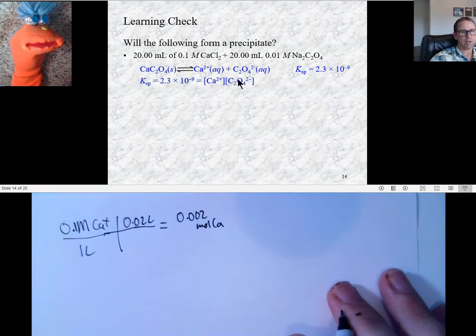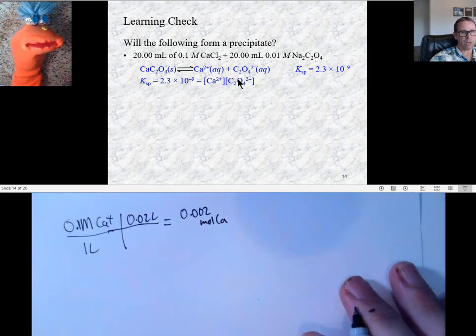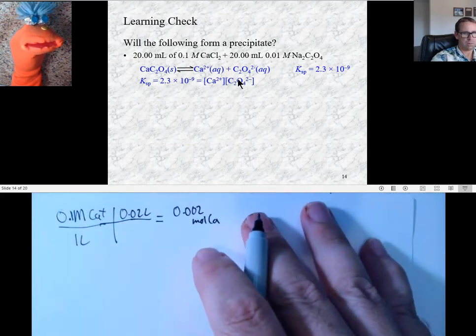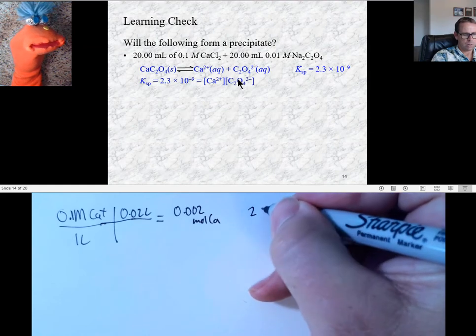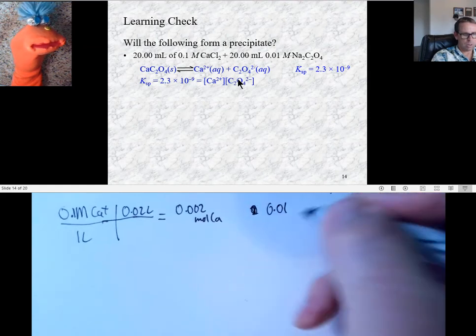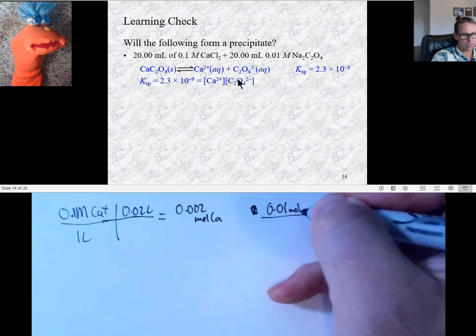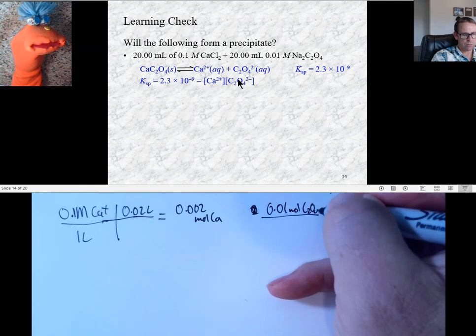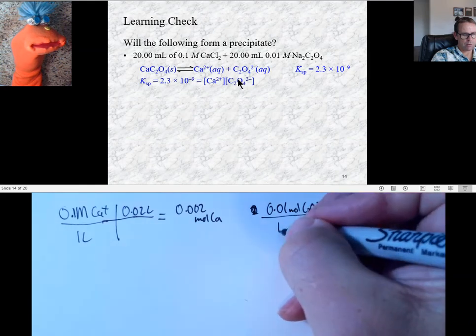And then I can identify how many moles of the carboxylate there are. The same way. Start with the molarity, 0.01 moles of carboxylate, C2O4 2-, for every 1 liter.